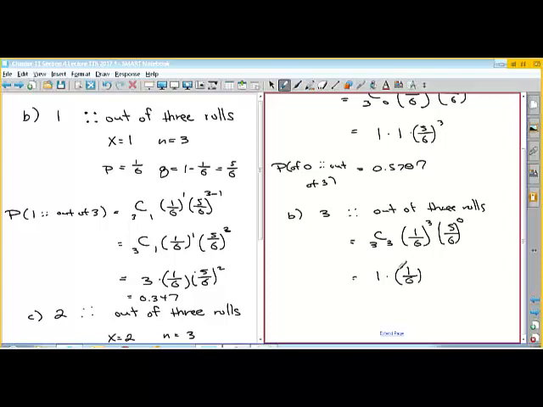The 3 things taken 3 at a time is 1. We have 1/6 to the 3rd power, and any number raised to the 0 power is 1. So we just take 1/6 to the 3rd power, and the probability of getting a 4 3 times in a row is 0.00463. So that's the probability of 3 4s out of 3.